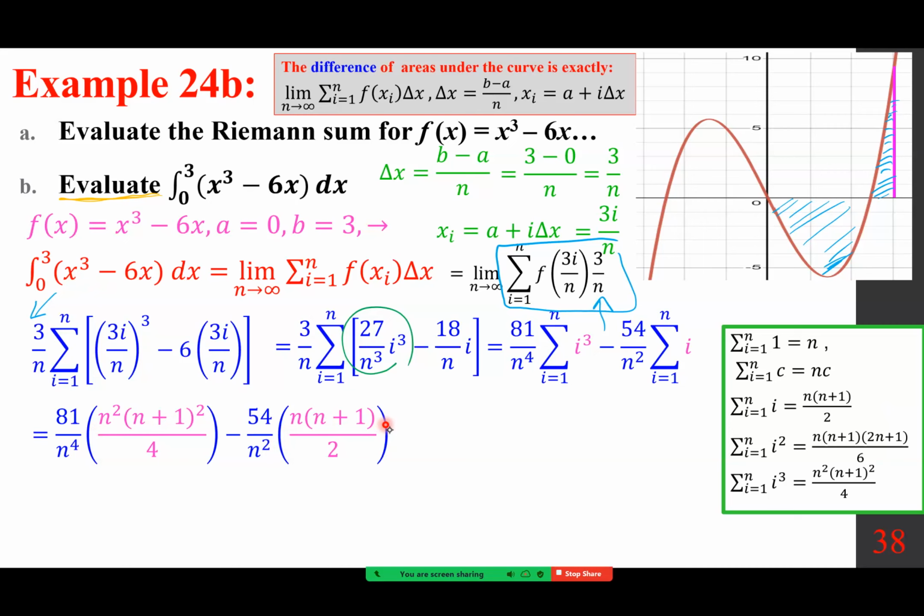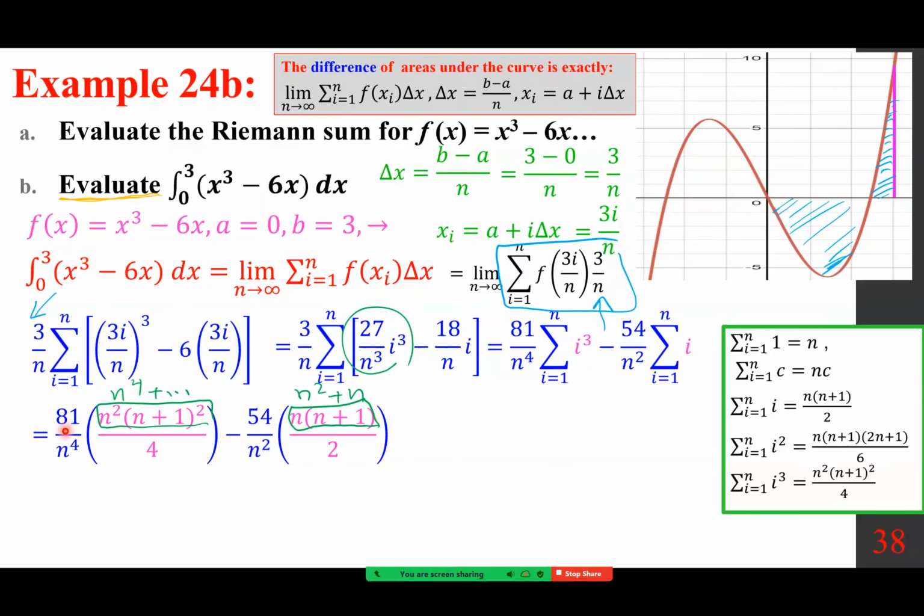Now, for this expression, class, this denominator is 4n to the power of 4. I hope you see that this gets squared up, and this is n to the power of 4, and then it's in descending order. n squared, the next one is n, but even if you don't write them, they go down in descending order.